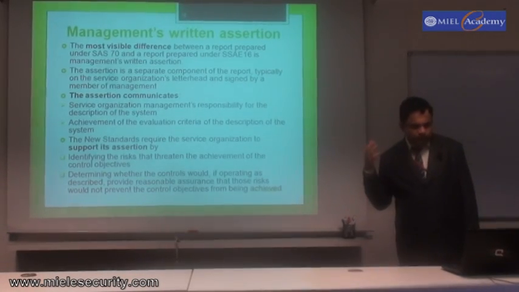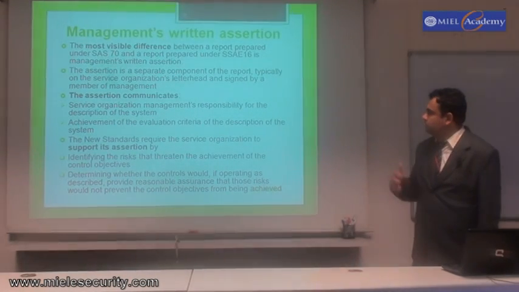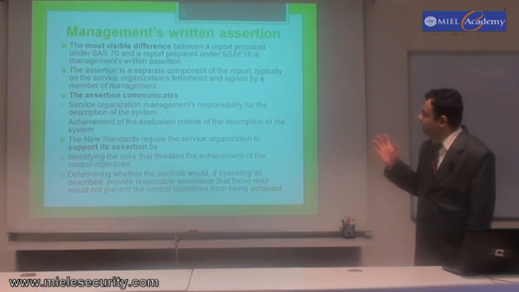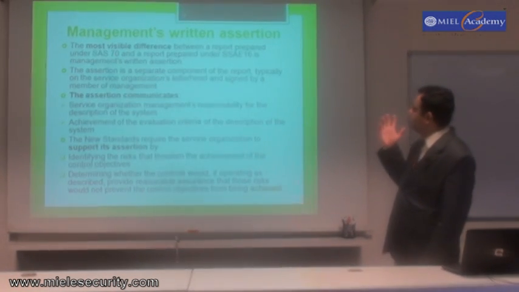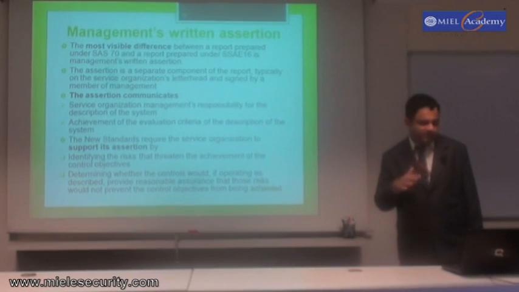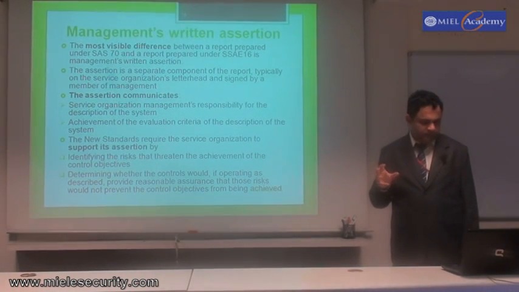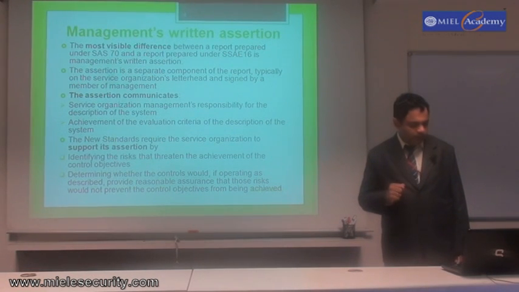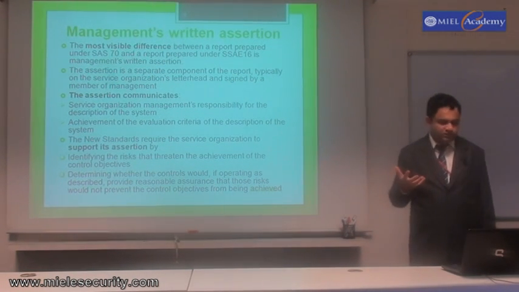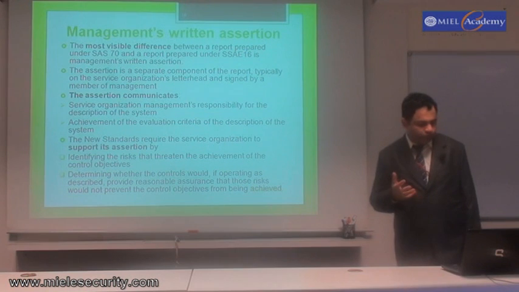So this gives the second key difference, which is management's written assertion. That is the most visible difference between a report under SAS 70 and a report under SSAE 16, and it's a separate component of the report. So what does the assertion communicate? Why is it so important?